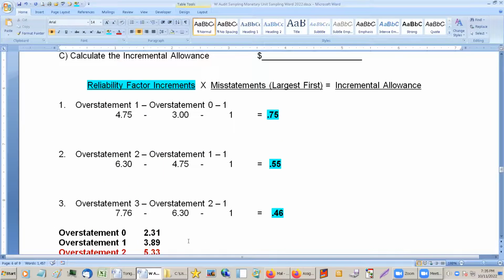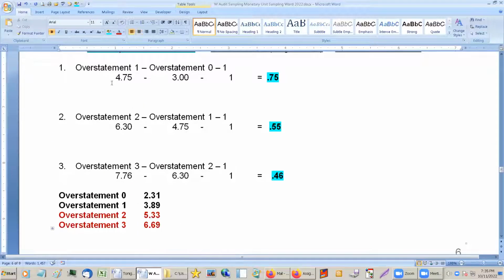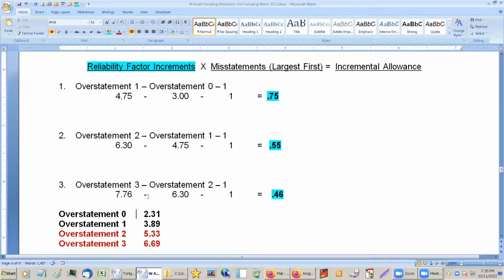Okay, so these are the overstatements. So for the first one, overstatement 1 is 3.89 minus 2.31 minus 1 equals 0.58.